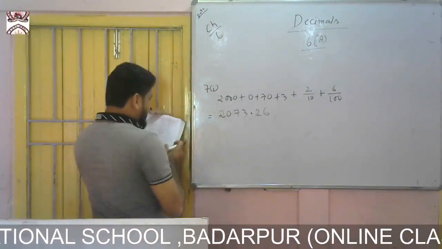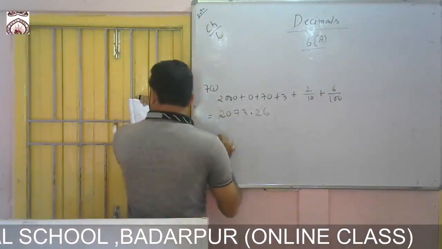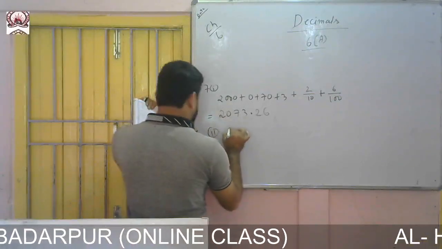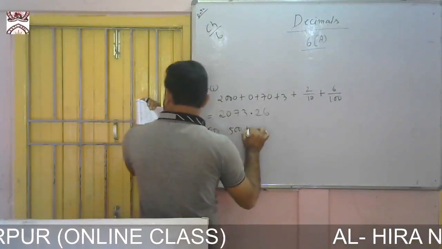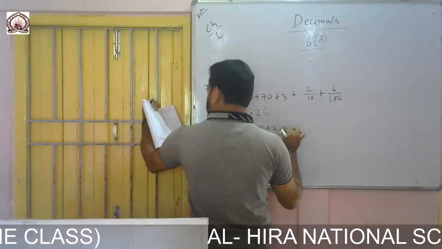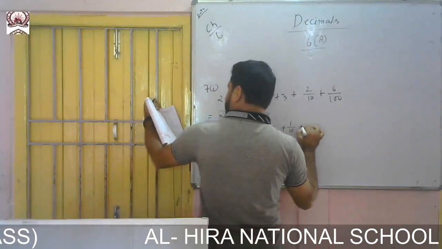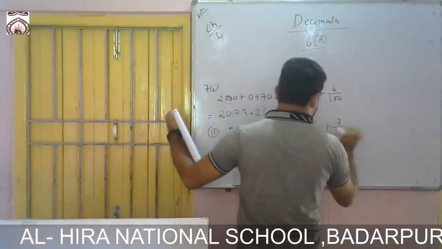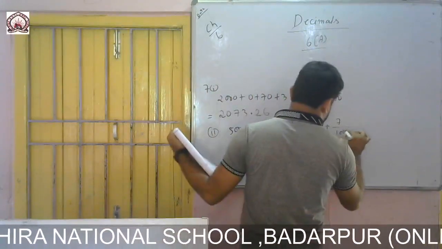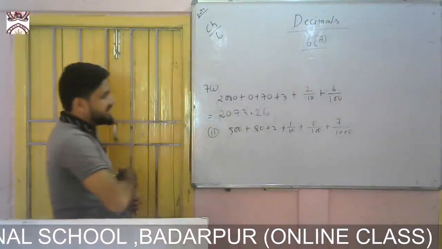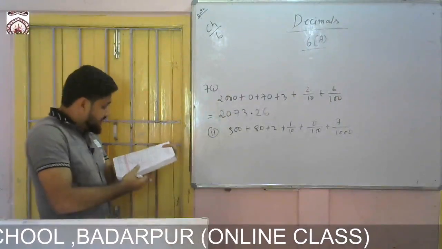Okay. Now come to question number 2: 500 plus 80 plus 2 plus 1 by 10 plus 0 by 100 plus 7 by thousands. So it is very easy.